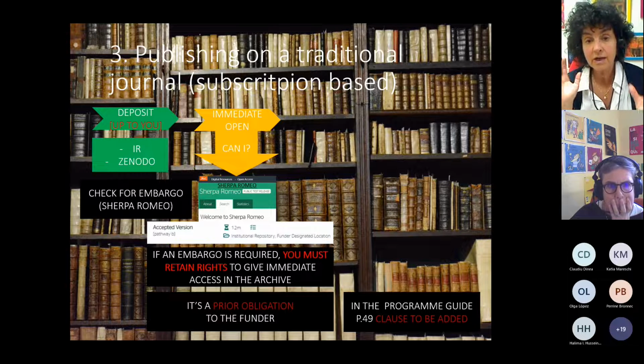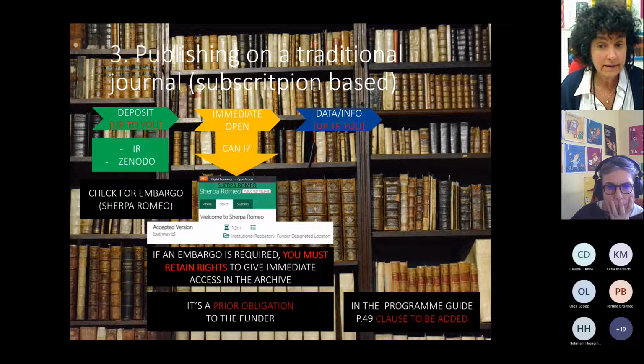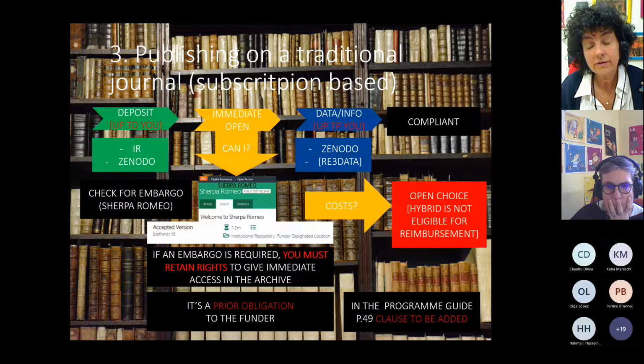Saying to the publisher, I'm funded by the European Union, so I need to provide immediate access to the accepted version, not to the preprint, but to the accepted version. Then again, data and all the information are up to you, and you are compliant.